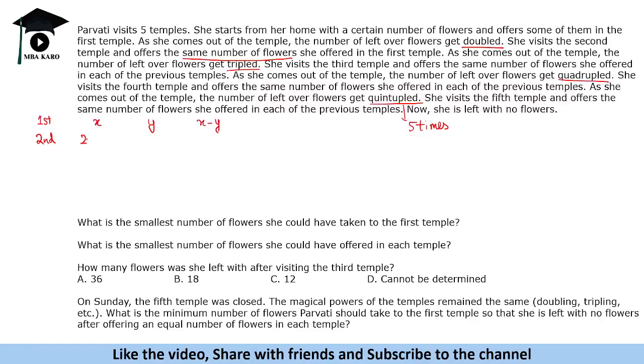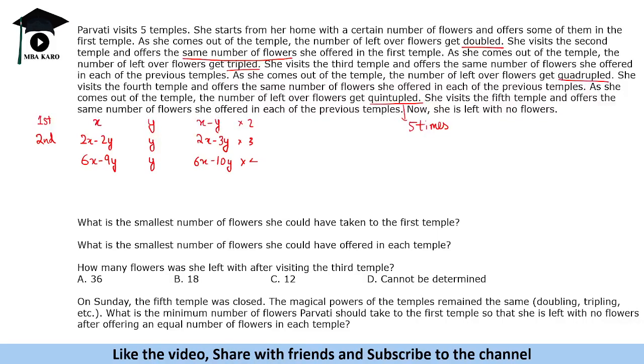Okay, then in the second temple, before she goes, it says that the flowers get doubled, so it becomes 2x minus 2y. She's left with x minus y, it becomes 2 times. Then she gives y flowers, it becomes 2x minus 3y. Now this gets tripled, that means 3 times, so it becomes 6x minus 9y, and she offers y flowers, so it becomes 6x minus 10y.